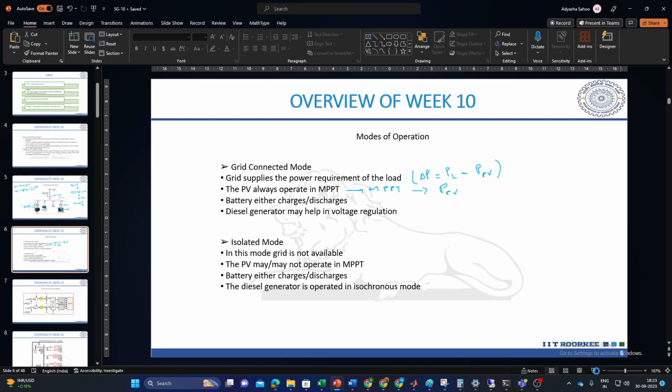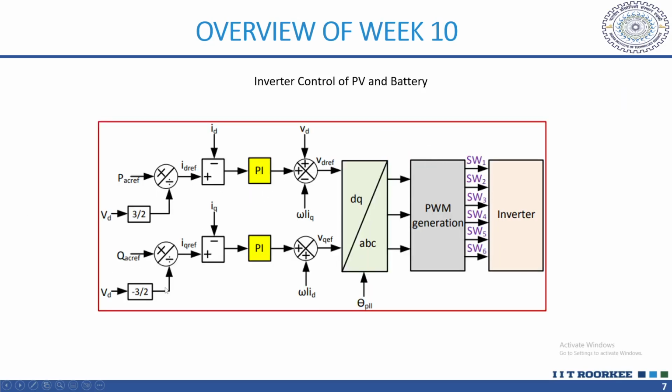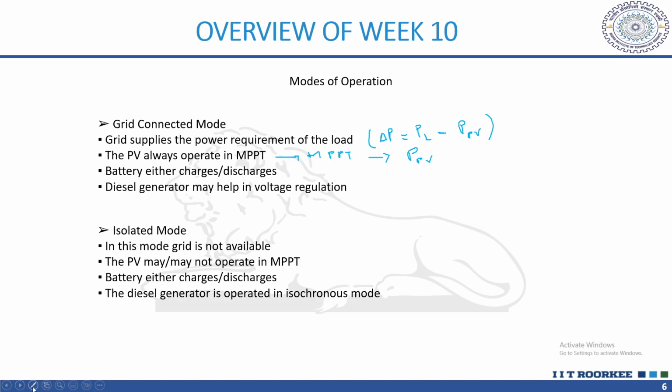So basically, I was saying that for this MPPT mode, if the PPV generation that we are getting is greater than the demand P load, then we can charge the battery to store the excess generation.